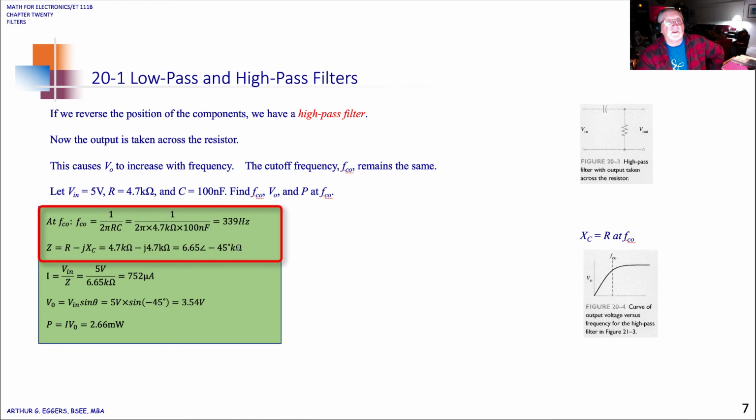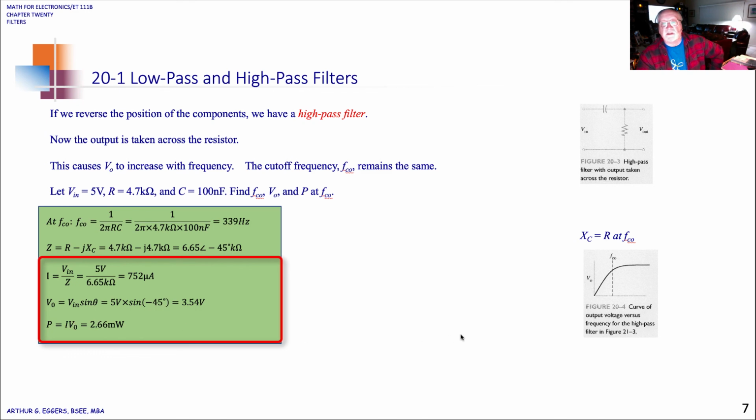Calculating the current, Vin divided by the total impedance, gives us 742 microamps. V out is equal to Vin times the sine of theta, which gives us 3.54 volts, and the power, I times V out, is 2.66 milliwatts.